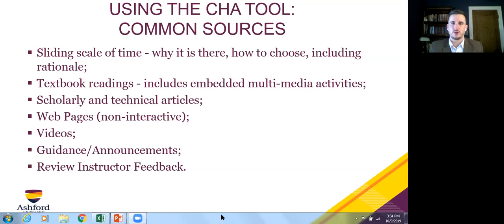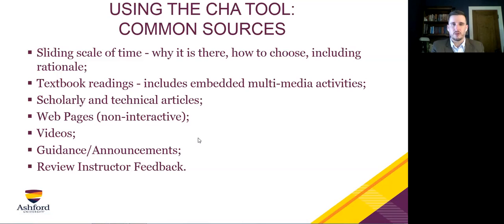So you might have a textbook page that is particularly easy or not as challenging for that level of the course, or you might have textbook readings or other readings that are particularly challenging. So there's a range, and we'll talk more about that as we look at individual sources, but that is a key feature of this document that you should consider.